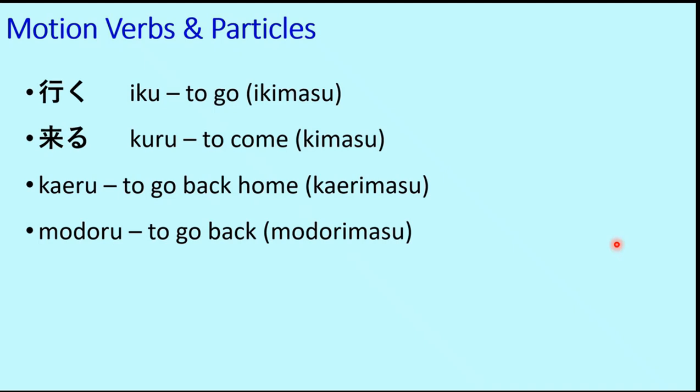Out of these, ikimasu is the most common one, used to denote going somewhere. In today's lesson, we will use this verb to explain the concepts, and you can practice using the remaining three, that is kuru, kaeru, and modoru.